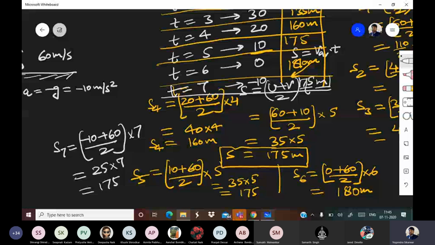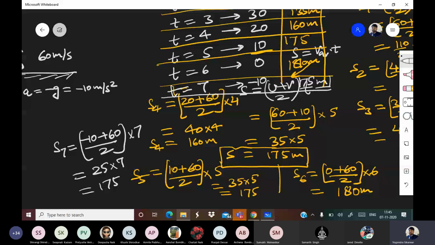What is the meaning of acceleration? It is the amount by which velocity will be added or subtracted per second. If it is positive, then velocity will be increased by that value every second. If it is negative, then velocity will be reduced by that value every second.